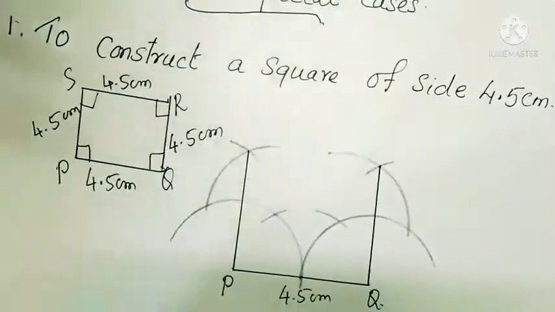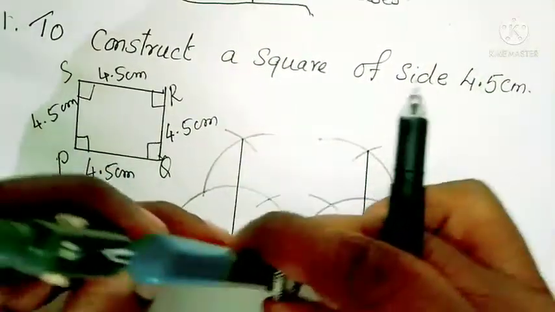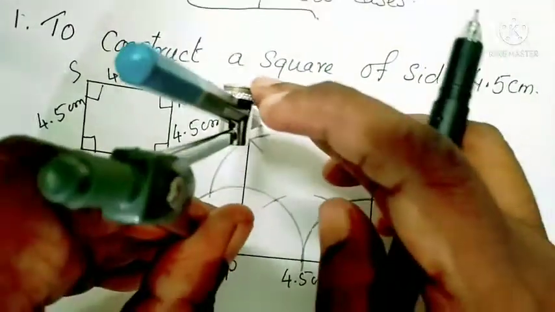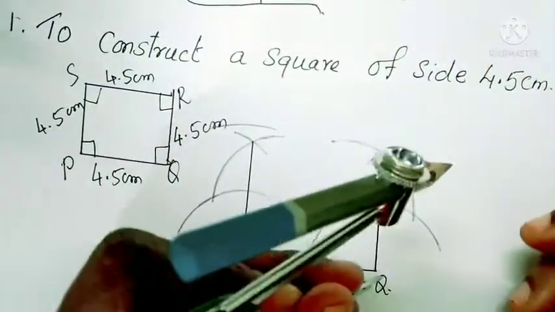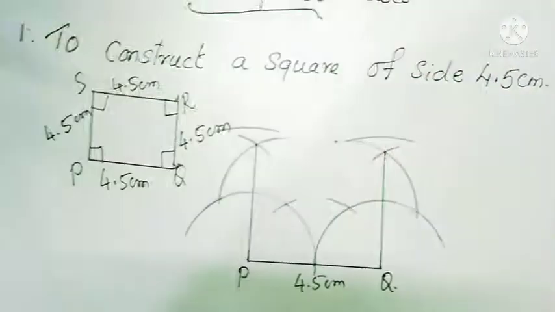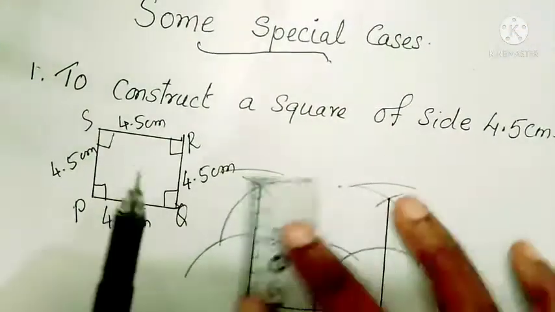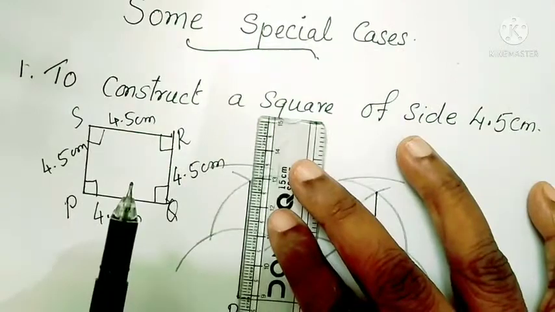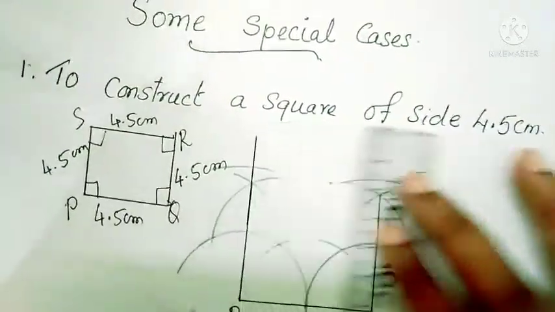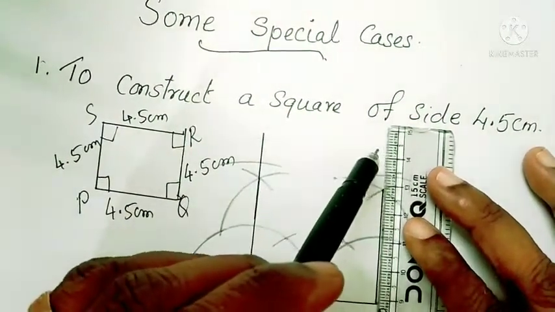Now we know that all the sides are of 4.5 centimeter. So take this PQ 4.5 in the compass. From P you mark an arc, and from Q also mark an arc. Now the line segments are not meeting. So what will we do? Extend it. When you extend, it meets the arc at a point.